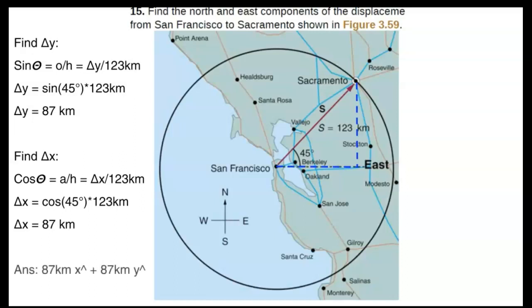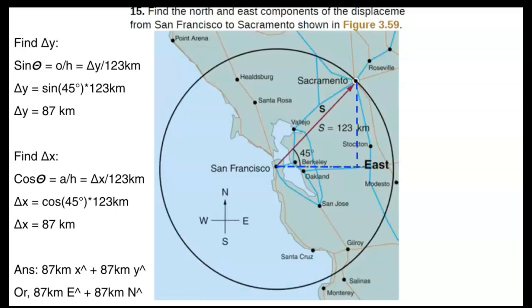The answer to the question could be given as 87 kilometers x hat plus 87 kilometers y hat. Or, though I've never seen anyone use east and north as unit vectors, you might say 87 kilometers east hat plus 87 kilometers north hat. It's just a slightly more awkward way of saying 87 kilometers east and 87 kilometers north.